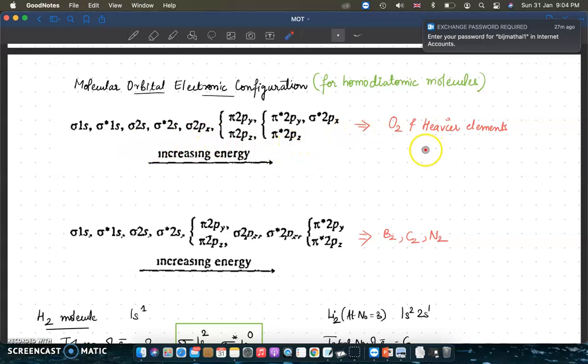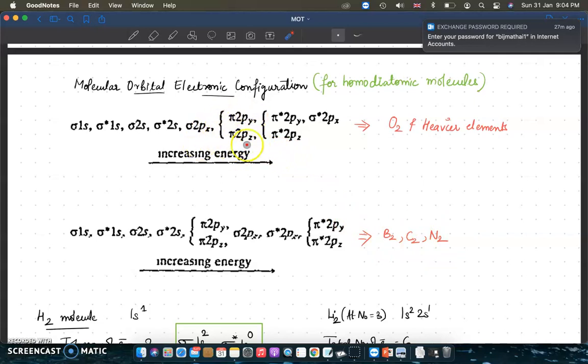There are others also, but we are not going into that much detail because we don't consider much of the heavier elements, as they usually don't exist in their diatomic states. For the lighter elements, B2, C2 and N2, there is a slight change in the electronic configuration. They are quite similar in energy, so often the orders get interchanged.